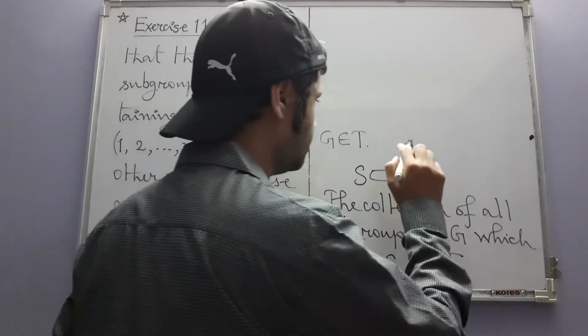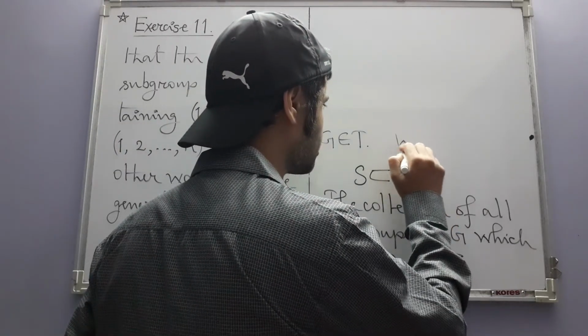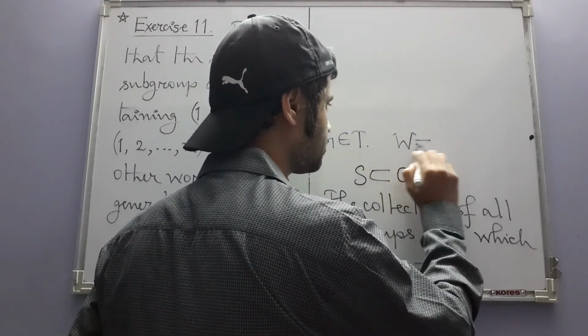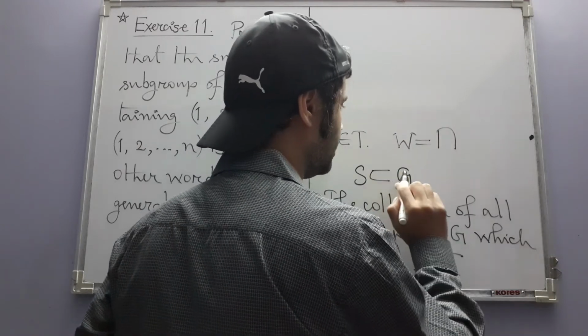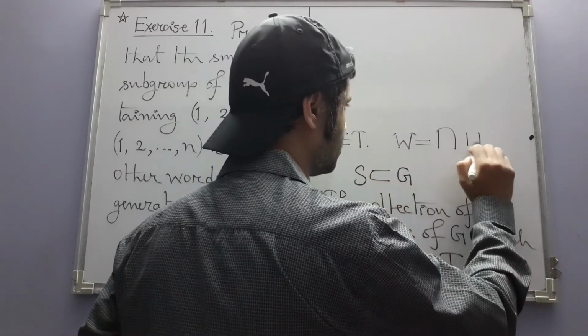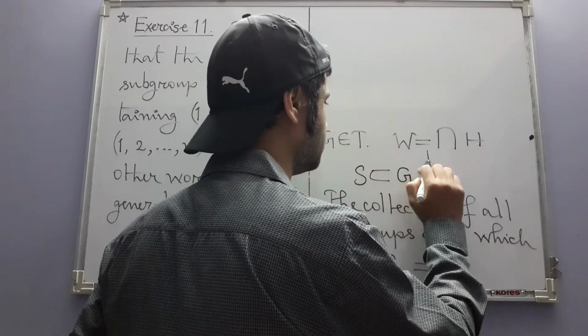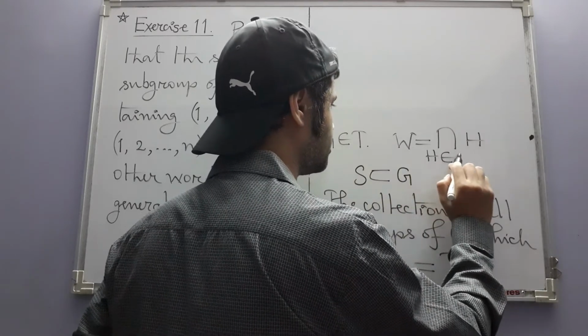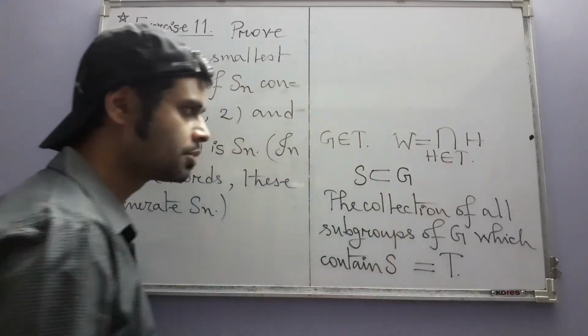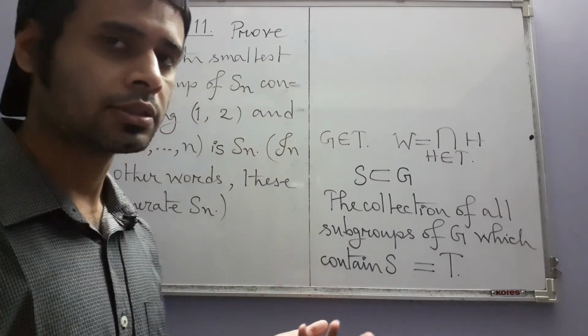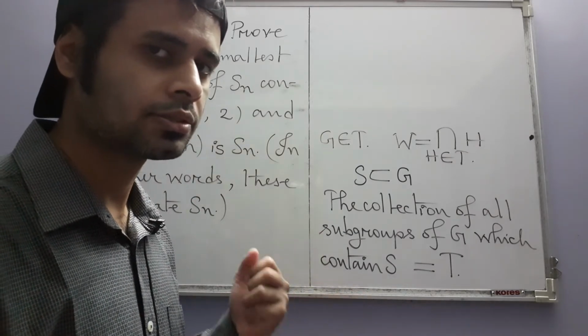That means we are dealing with a non-empty collection of subgroups of G. What one can then do is consider the intersection of all elements in T, because the elements in T are after all subgroups of G, so we can consider their intersection. It makes sense.